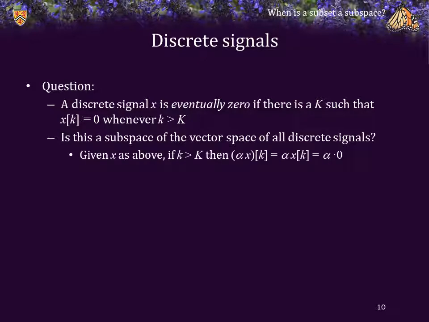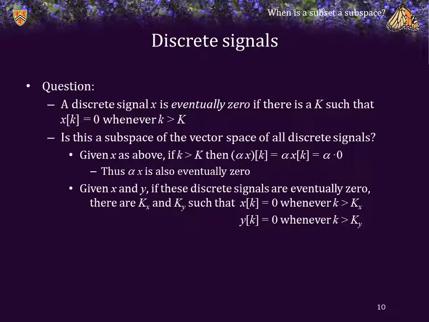Well, given x as above, if k is greater than capital K, then the value of alpha times x at index k is equal to alpha times the value of x at index k, which is equal to alpha times 0, which is 0. Thus, alpha times x is also eventually 0 if x is eventually 0.